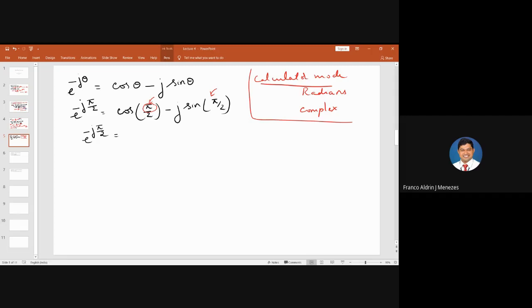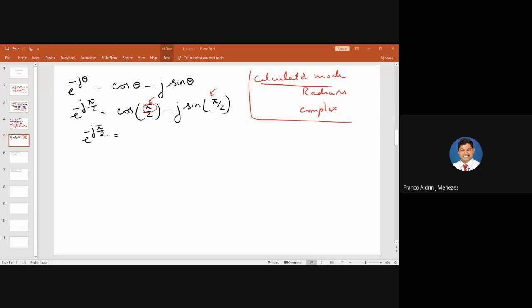So what is cos of pi by 2? Cos of pi by 2 is 0. So sine of pi by 2? 1.